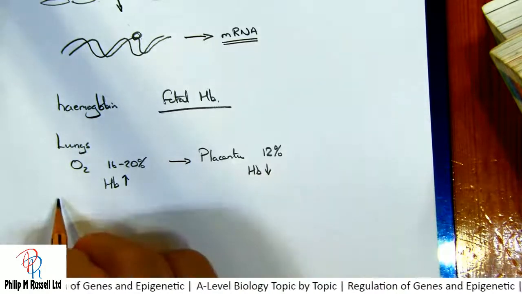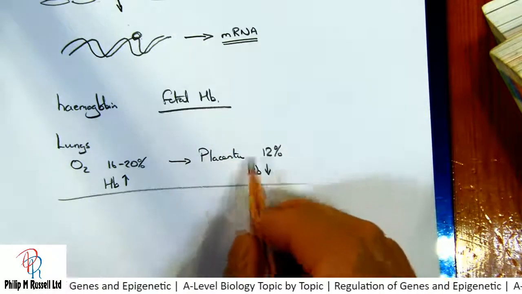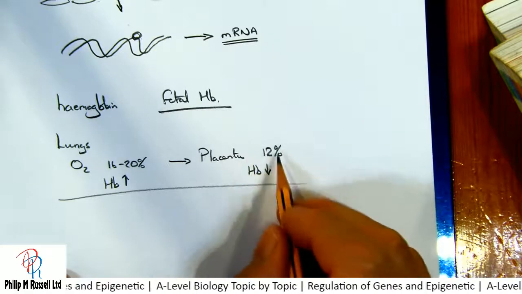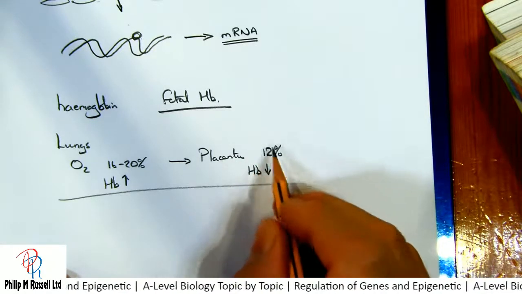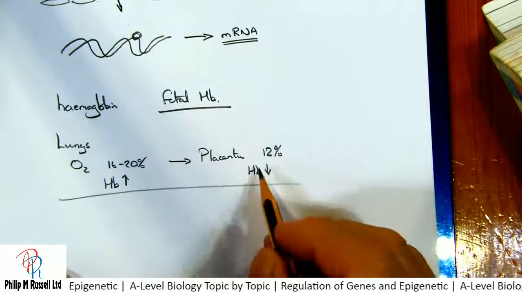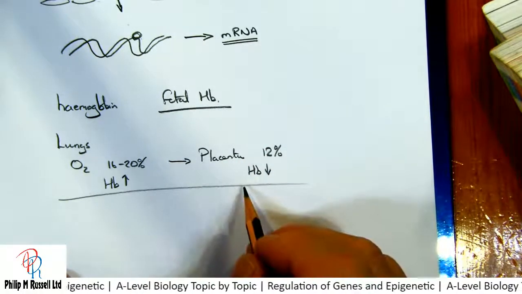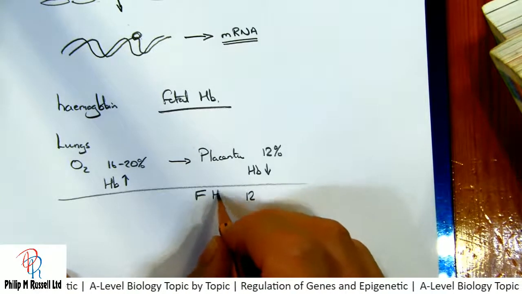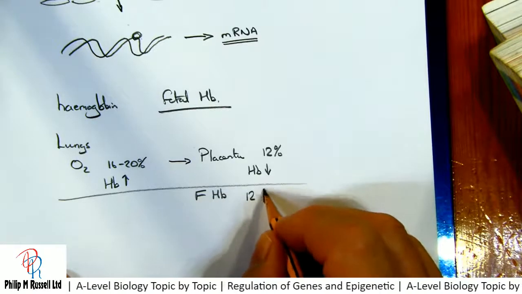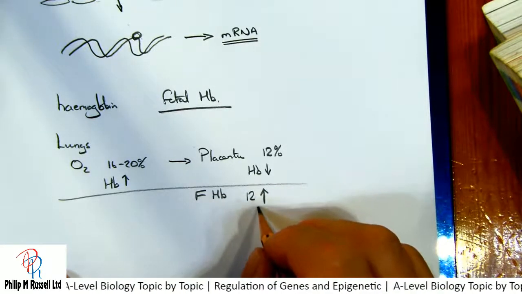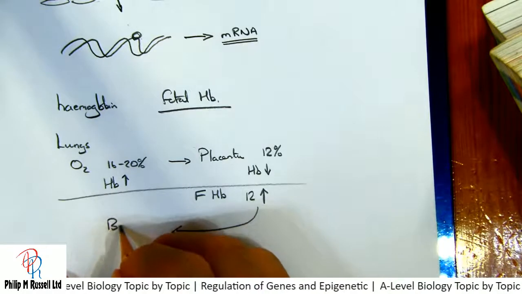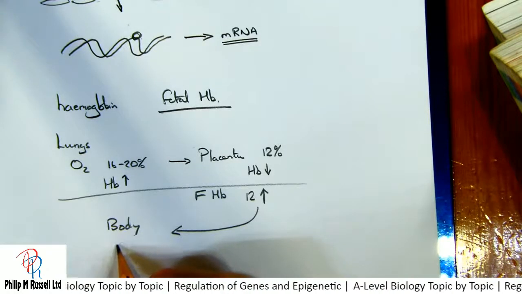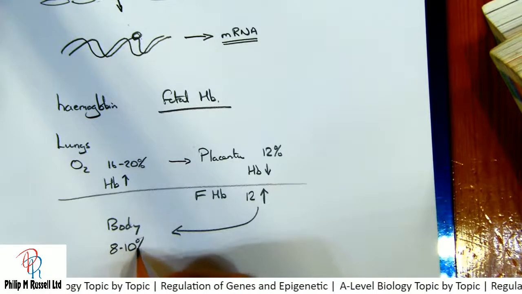Now, if the baby, the fetus here, has the same hemoglobin, then at 12%, it's not going to pick it up. It would actually be trying to release oxygen. So the hemoglobin is modified so that at 12% the fetal hemoglobin is going to pick up the oxygen, take it around to the body, and dump it perhaps at 8 to 10%.